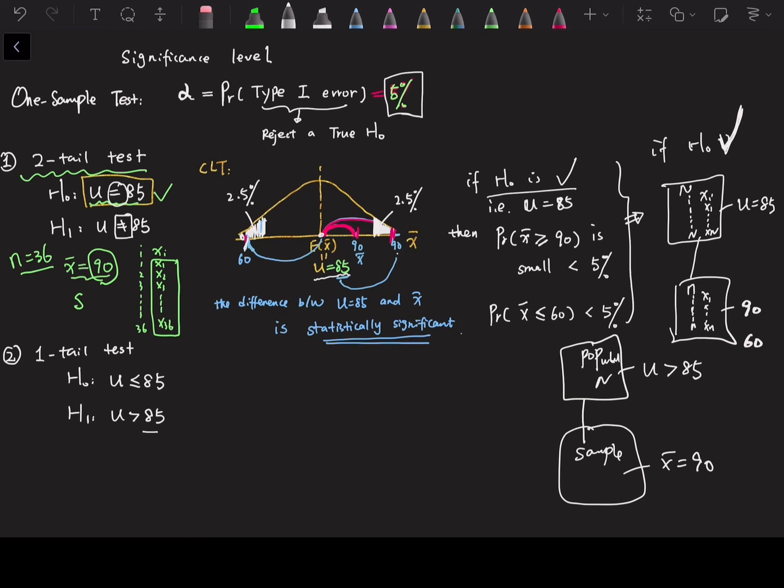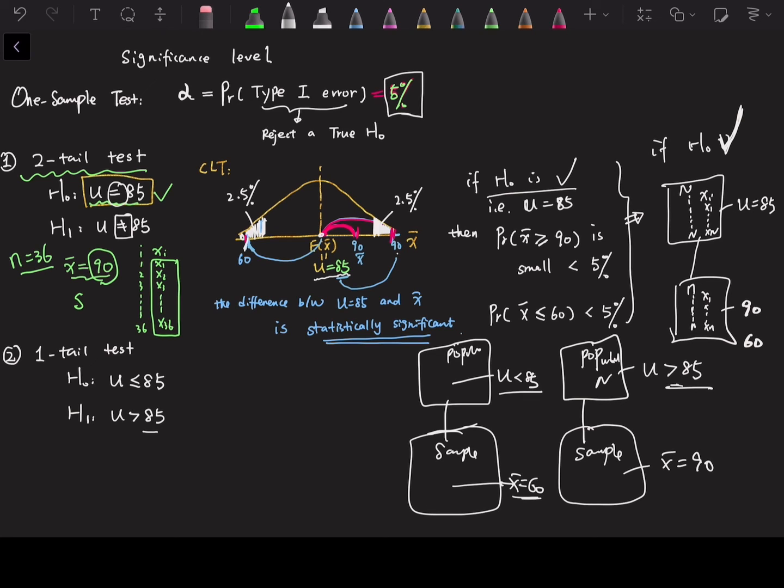Or if you take a sample and compute a sample mean of 60, this suggests that it's more likely this sample is coming from a population with a population mean different from 85, or maybe less than 85. So either greater or less, that means different from 85.